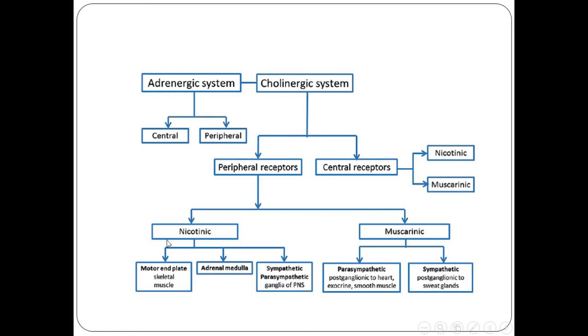And the nicotinic receptors may be in the motor endplate, suprarenal or adrenal medulla, sympathetic and parasympathetic ganglia of the peripheral nervous system. So these sites are the sites of acetylcholine, and the manifestations appear due to accumulation of acetylcholine in these sites.